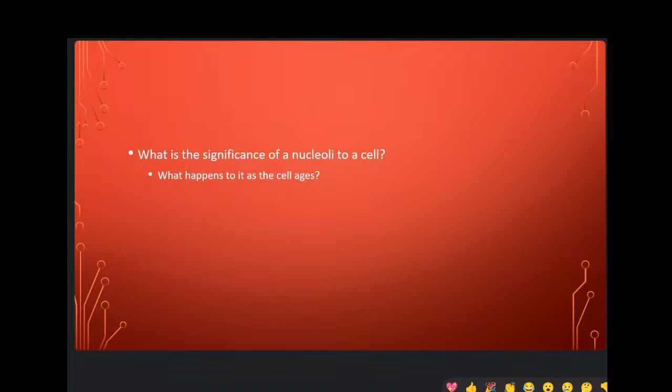What is the significance of nucleoli to a cell? Well, basically, a nucleoli determines the contents of the ribosomes or protein synthesis. Nucleoli contains the site of the ribosomes, which is basically the site of protein synthesis. And as a cell ages, they eventually disappear. The more mature the cell, the more likely that there's going to be less or even no amount of nucleoli.